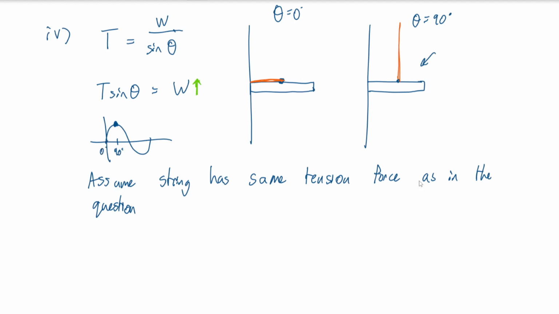So the closer we can get to 90 degrees, the larger this left-hand side would be, giving us a greater weight force that we can support. So as theta approaches 90 degrees, it can support more weight.